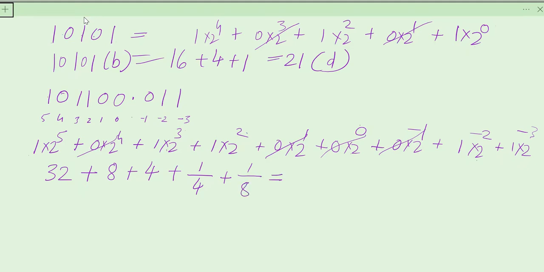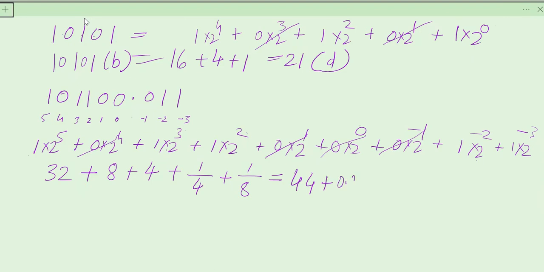Now solve this. 32 plus 8 is 40, plus 4 is 44. 44 is the integer part. Plus 1/4.